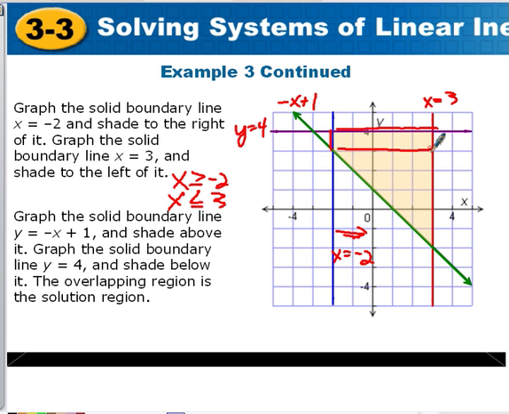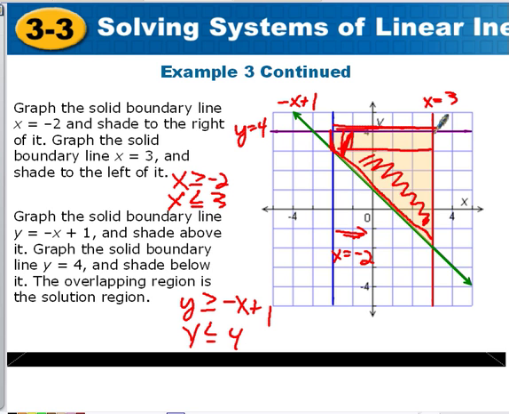For y, we have y is greater than or equal to -x plus 1. So if we draw our line here, it's going to be shaded on this side of that line. And then our last one is y is less than or equal to 4, which is underneath. So the area that would be shaded by all those inequalities is this.